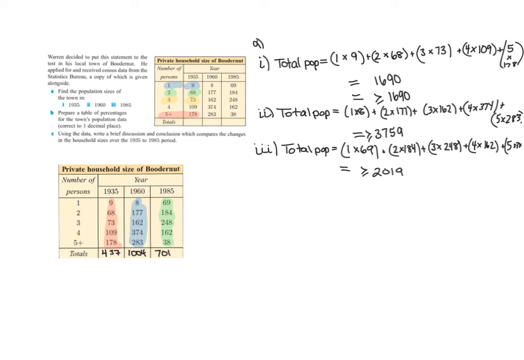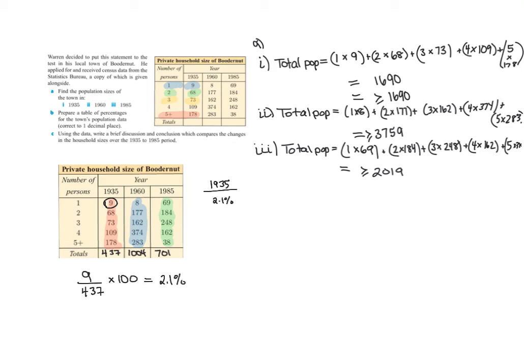Now that we have our totals, we can go through and find our percentages. So we're going to start off with 9 and divide it into 437, and then times by 100 so that we get our percentage. And that should get us 2.1%. And I'm just going to start a little table over here. We'll say 1935.